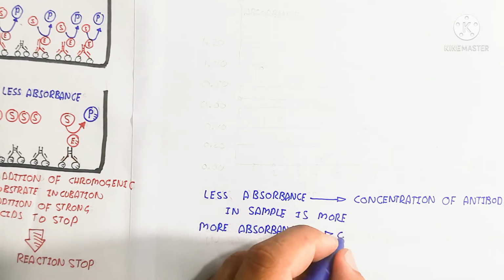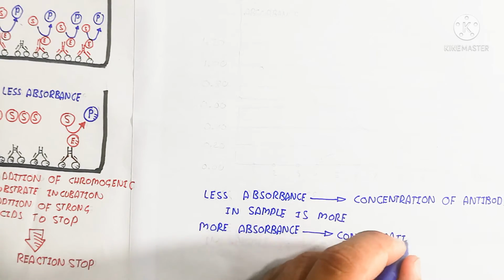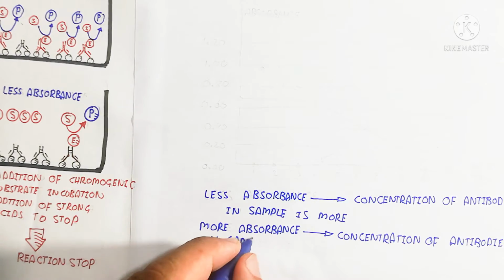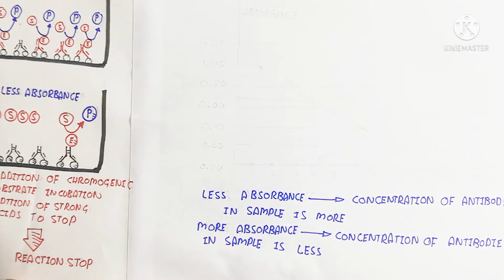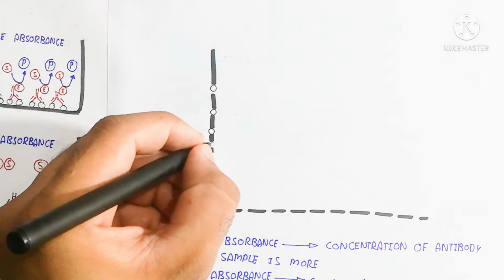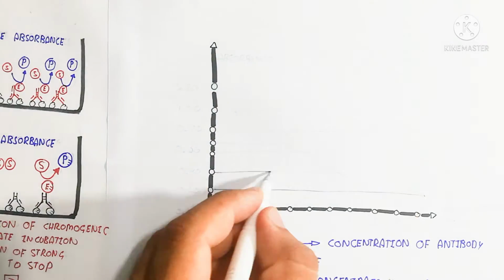Less absorbance means more antibodies, which confirms the suspected person. Less absorbance means the concentration of antibody in the sample is more, and more absorbance means the concentration of antibody in the sample is less.